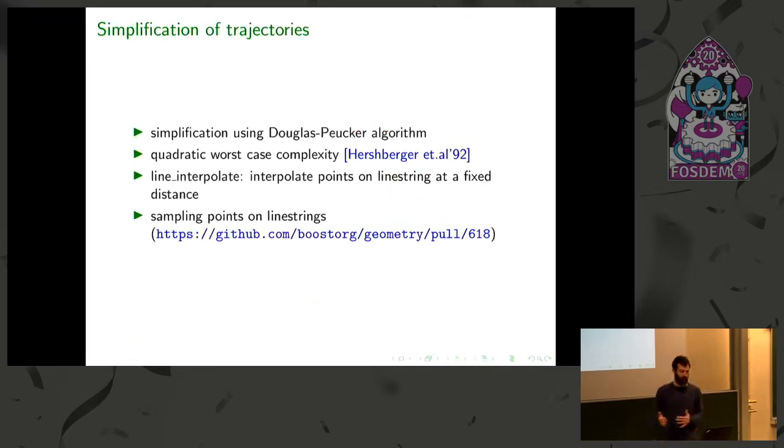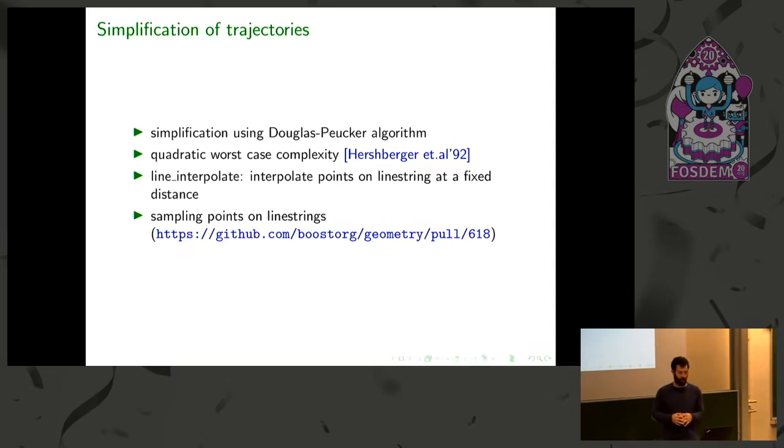Okay, then I can do some more advanced computations, not only lengths and distances. I can simplify my trajectory. In Boost Geometry, there's a simplification algorithm that uses the Douglas-Peucker algorithm. It's quadratic in the worst case, but in practice you probably experience something like n log n.